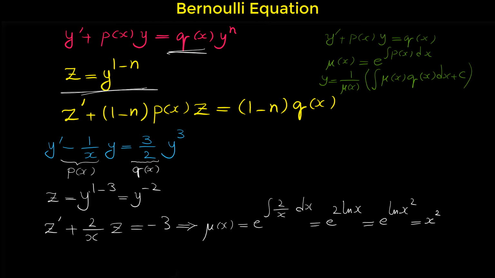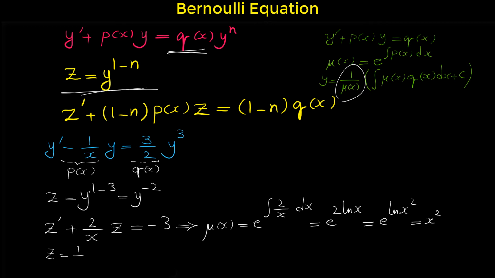So here we can find z, because we have z as the function, not y. So here z equals 1 over mu of x, which is x squared.